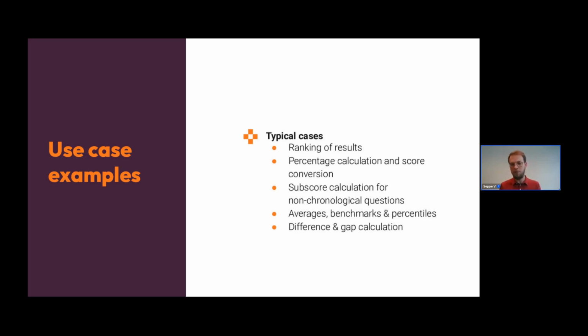This cannot typically be done with a question block. So this is where you would use a formula calculation. If you want to use averages, benchmarks, and percentiles, that's a good case for formulas to be used. And if you want to do difference and gap calculation, so one respondent versus a population, or one respondent versus, for example, their 180 manager.